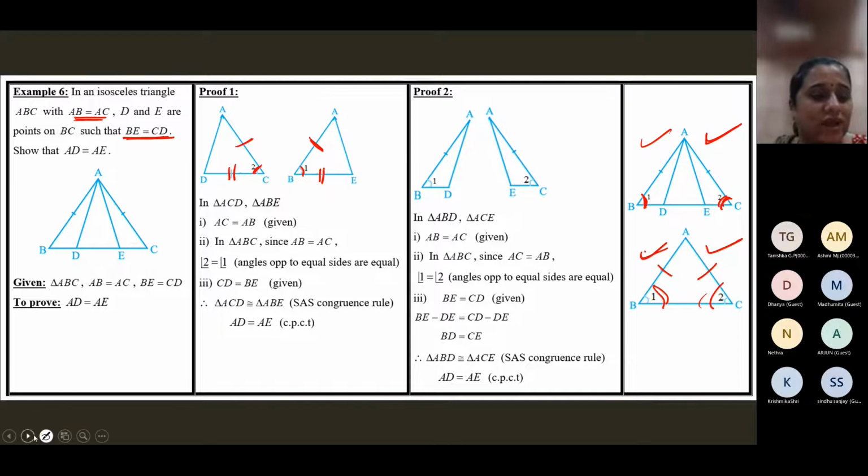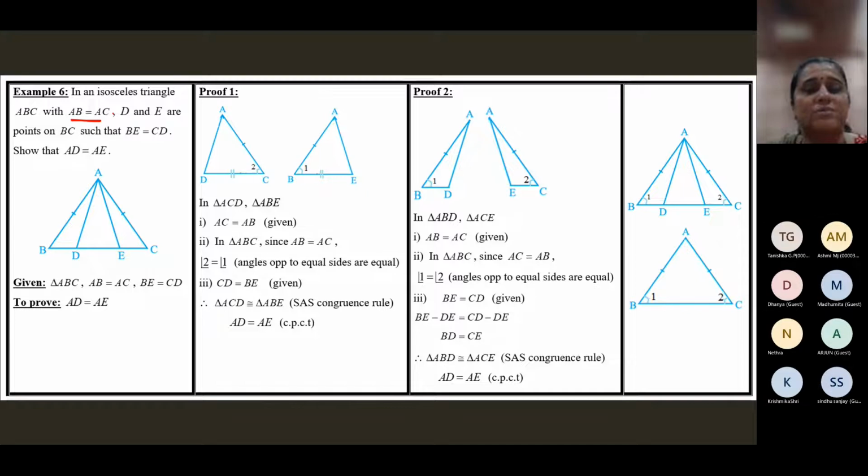Now, one more thing which I have to clarify is, how do we use this? When we have the information AB is equal to AC, you must take the triangle alone. You must not see any other line segment that goes in the middle. When they say in triangle ABC, AB is equal to AC, you want to use the property that when two sides are equal, the angles opposite to them are also equal.